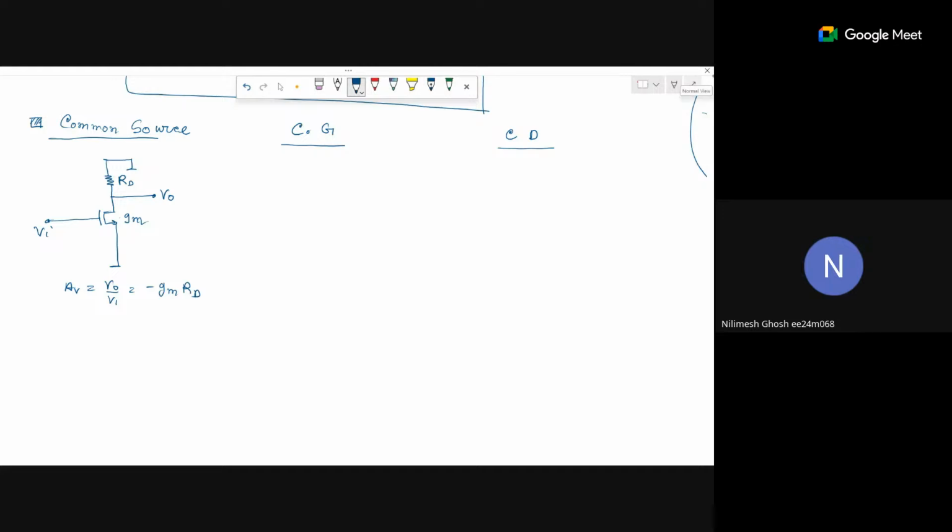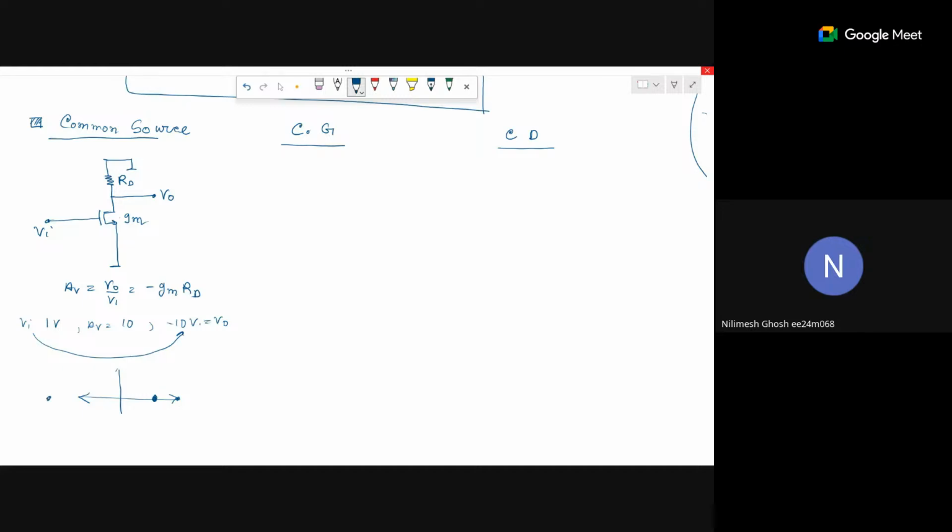So if 1 volt is given and the gain Av is, let's say, 10, then we'll get the output as minus 10 volt. So if this is Vi and this is V naught, there was a 180-degree phase shift, right? We give the input voltage at this terminal and get the output at the other. We give a positive voltage and end up getting a negative voltage.